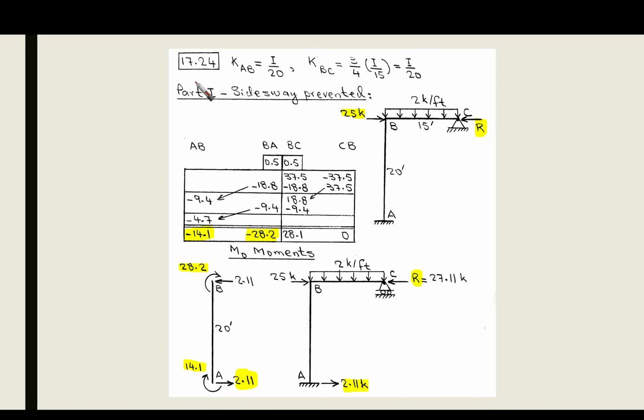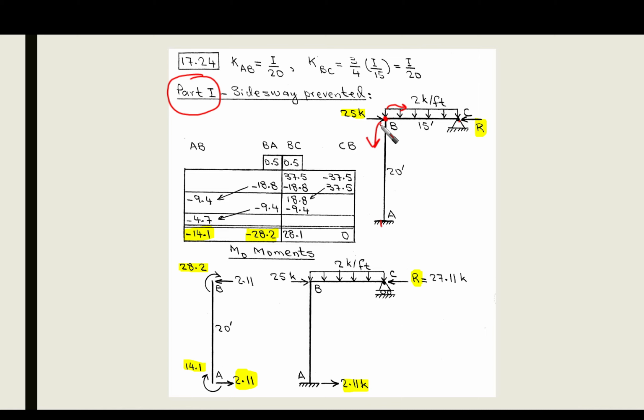So for part 1, before going into part 1 and 2, we need to think about the point B, and what the distribution factors are at point B. The distribution factor, as we said before, is the factor that is going to be added at point B to distribute the moment between member BC and member BA. So we need to have two distribution factors.